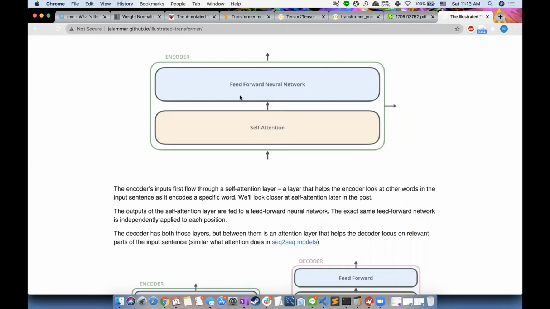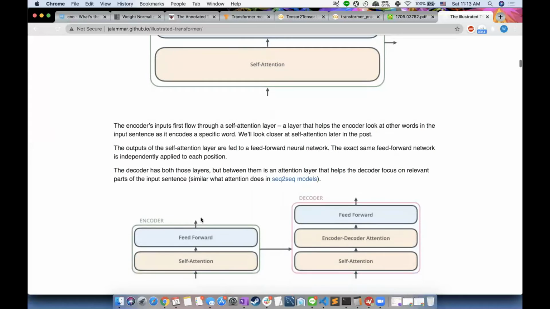And a feed-forward neural network is simply some linear transformation plus an activation function. I believe you do it 2 times here, so 2 linear transformations. The exact same feed-forward network is independently applied to each position.